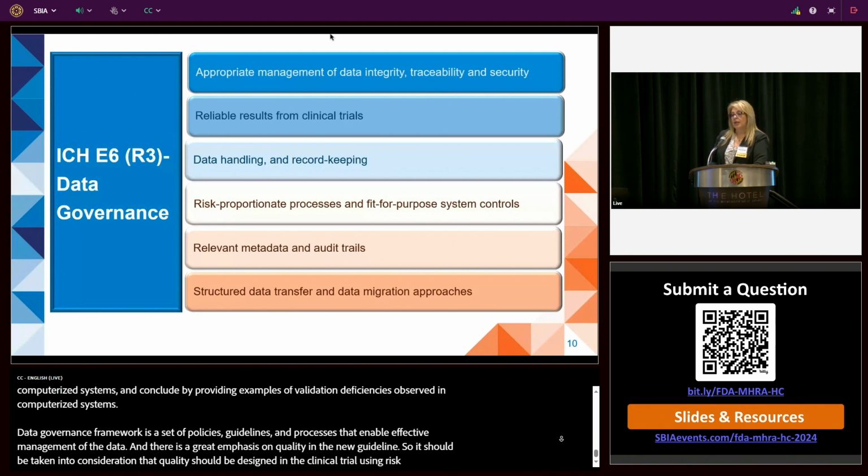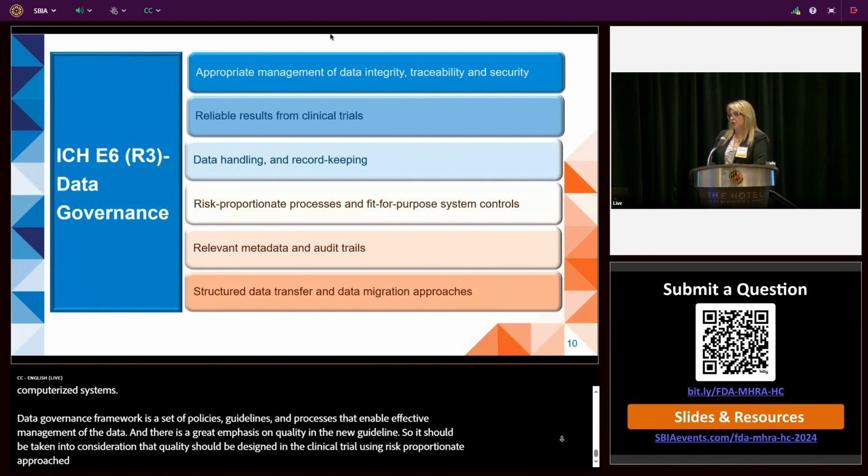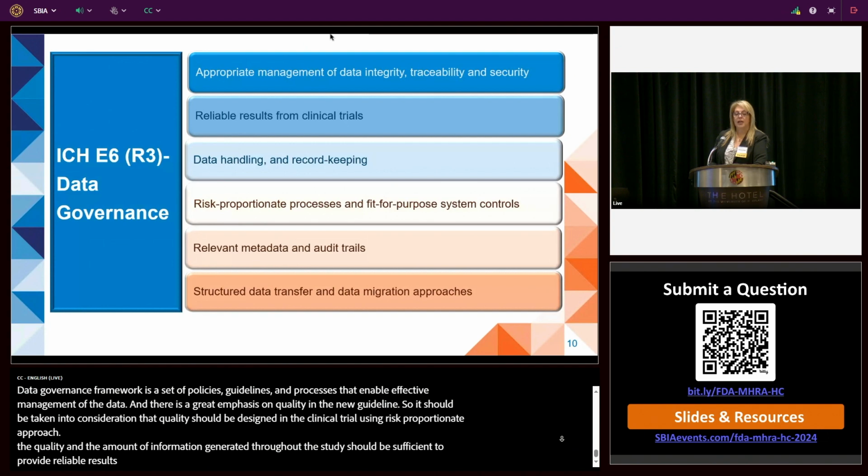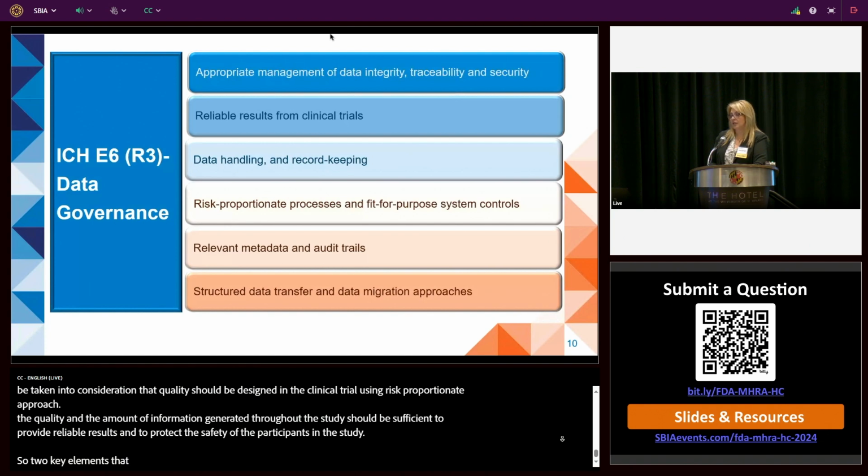The quality and the amount of the information generated throughout the study should be sufficient to provide reliable results and to protect the safety of the participants in the study. So two key elements that we are focusing on through this session are quality in the design and conduct of the study, and also risk management and risk mitigations.